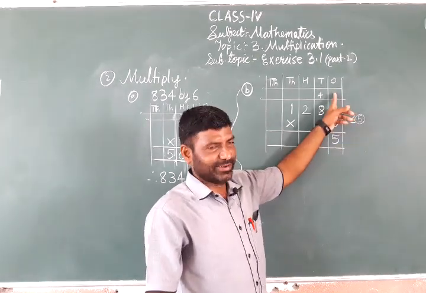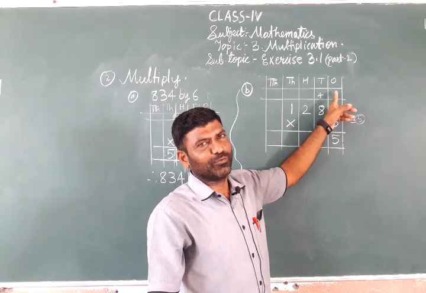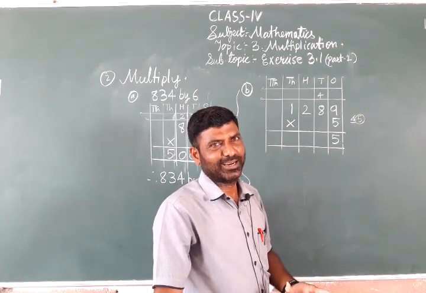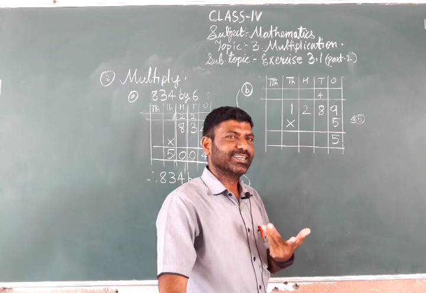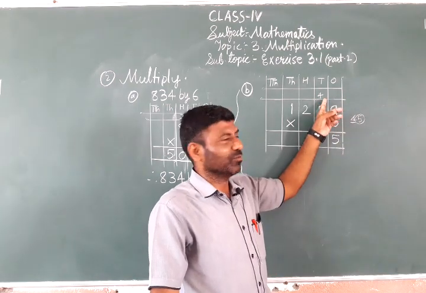If we write here, then the place value of 4 will be 4. 40 कहां गया? इसीलिए हम टेंस प्लेस के ऊपर लिखे.